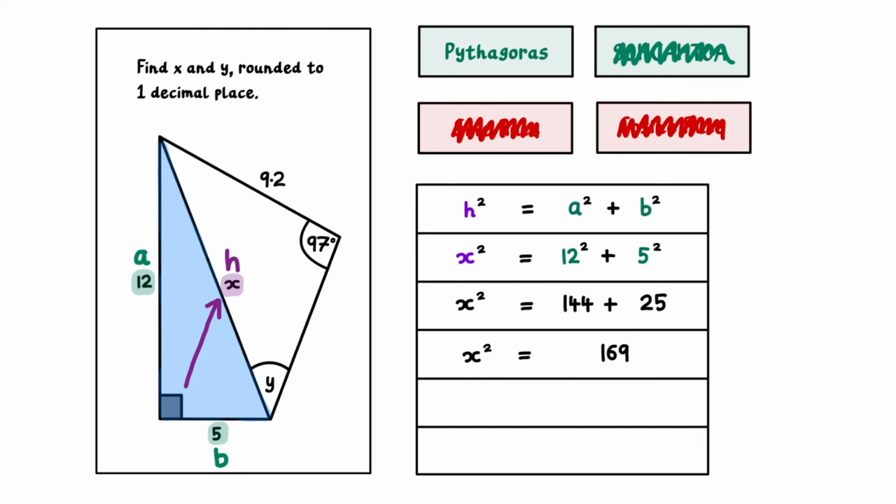Now, to isolate the x, we need to remove the square operator. We do this by taking the square root of both sides. The square root of x squared simply comes out as x, and the square root of 169 is equal to 13. So our final answer is that x equals 13.